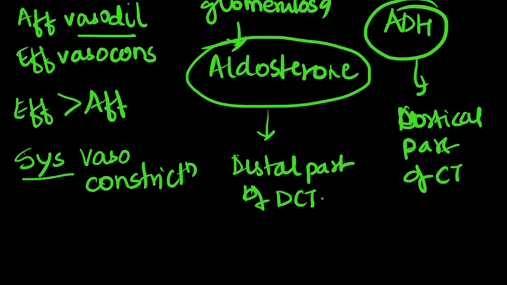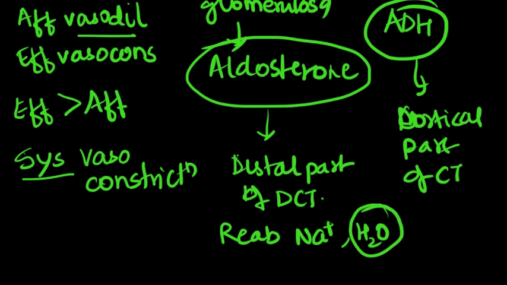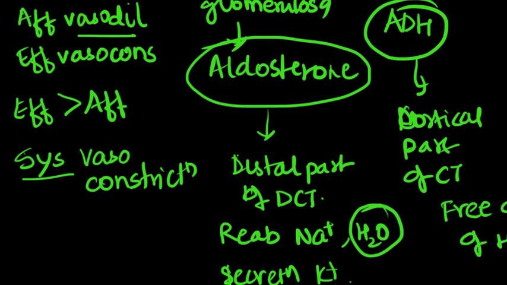Aldosterone is principally responsible for reabsorption of sodium and passive absorption of water along with the sodium, and secretion of potassium along with it. ADH is responsible for free flow absorption of water. This occurs through channels known as aquaporins present in the cortical collecting tubule.